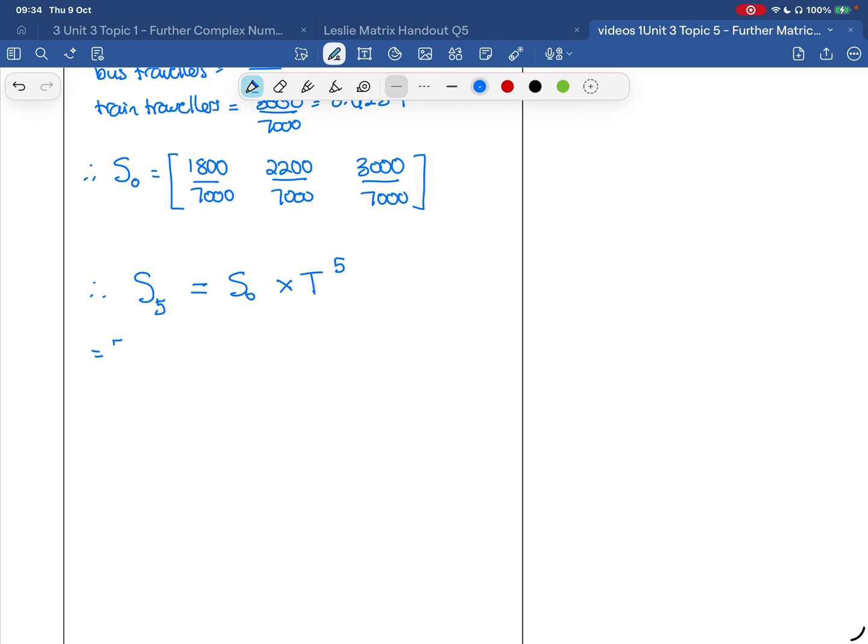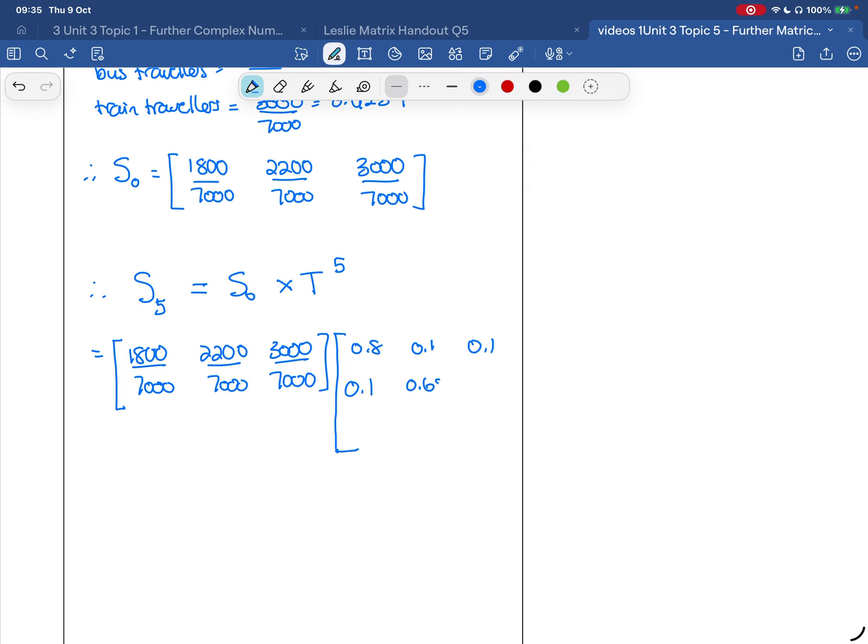And that's going to be 1,800 over 7,000, 2,200 over 7,000, and 3,000 over 7,000 multiplied by 0.8, 0.1, 0.1, 0.1, 0.65, 0.25, 0.10, and 0.9 to the power of 5.